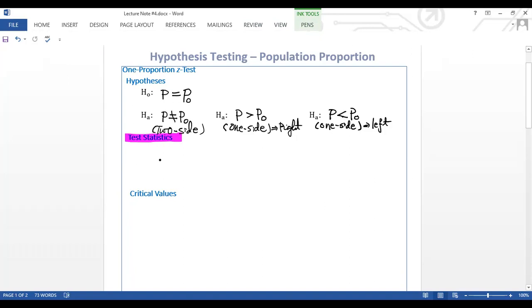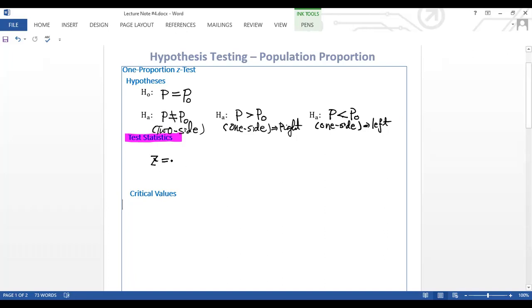So for the one proportion Z-test, this is our test statistic. You might ask why this is the test statistic. Statisticians derived the formula and found it to be the best formula to use to test a population proportion.